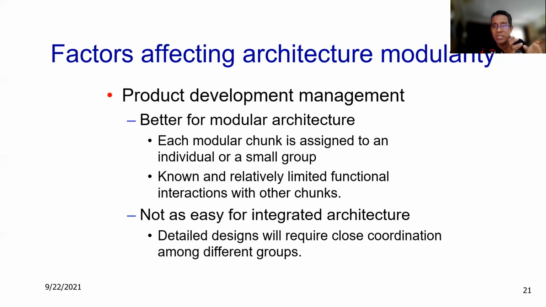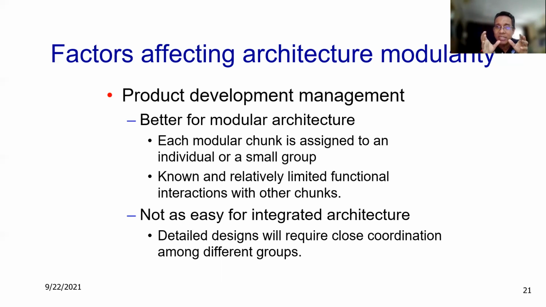for modular product management. But for the integral architecture, they have a different style of product development management. For the integrals, they require less planning. The modular needs more planning, with careful evaluation of each chunk.